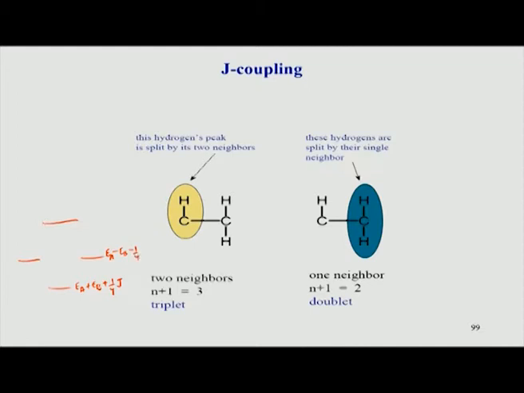minus 1 by 4 J, and this is E A minus E A plus E B minus 1 by 4 J, and this one is basically E A plus E B plus 1 by 4 J. So, if you now look at the transition, this transition which was corresponding to H beta, H b, this is alpha alpha, this is alpha beta, this is beta beta, and this is beta alpha.